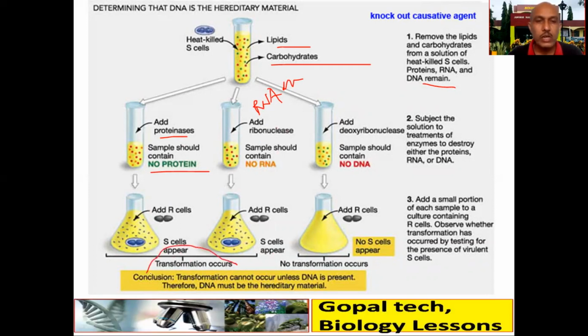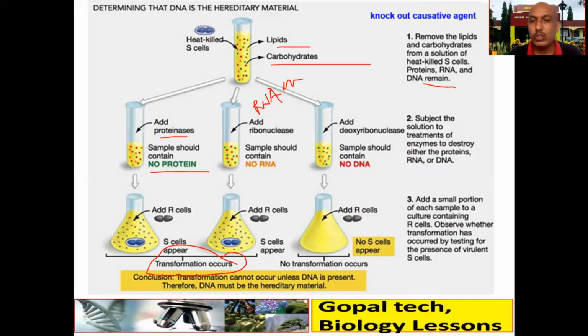So here you can see the transforming principle occurs. But when they add deoxyribonuclease, the solution is subjected to treatment with an enzyme to destroy either the protein, RNA or DNA. So no DNA. Therefore, when they add the R cells, they are not converted into S cells. No S cells appear, meaning no transformation occurs.